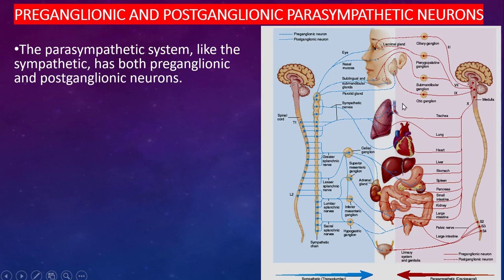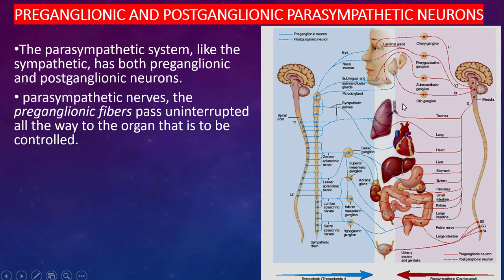In the parasympathetic, the preganglionic fibers pass uninterrupted all the way to the organ that is to be controlled. The difference from the sympathetic is that the parasympathetic fibers pass directly to the organ and terminate on the organ. There is no synapse in the paravertebral chain or peripheral ganglia.